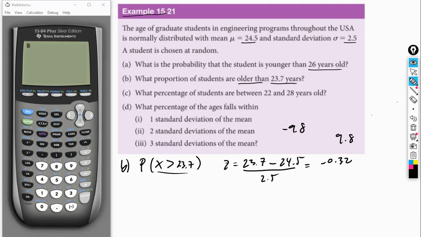So we can plug the information into the calculator. So let's go to the calculator. And here we go again, second vars, option number 2. In this case, the lower bound is going to be minus 0.32. The upper bound is going to be 9.8.